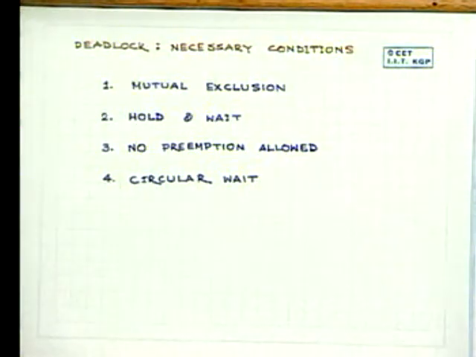And as I said earlier, this being a very conservative technique for preventing deadlock, the resource utilization will be poor. That means possibly a process will acquire a resource which it does not need immediately, and therefore the resource is not being utilized to the full extent.